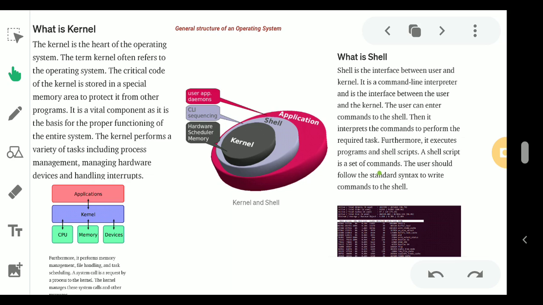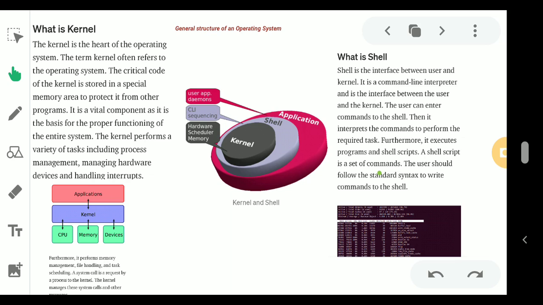The kernel will treat this as a system call, because whatever processes are continuing and being executed require some resources, such as the processor or memory, and whatever is required is known as a system call. These system calls are also handled by the kernel. So the shell is very important, because through the shell the kernel gets the instructions.